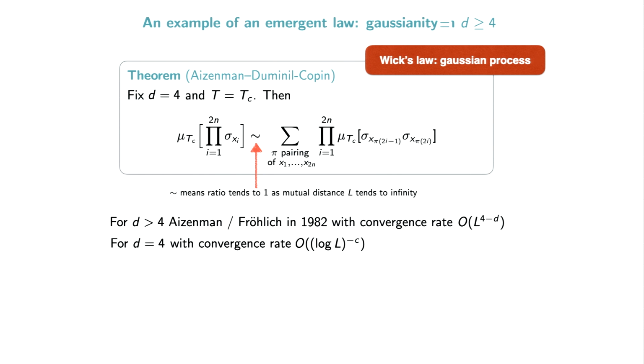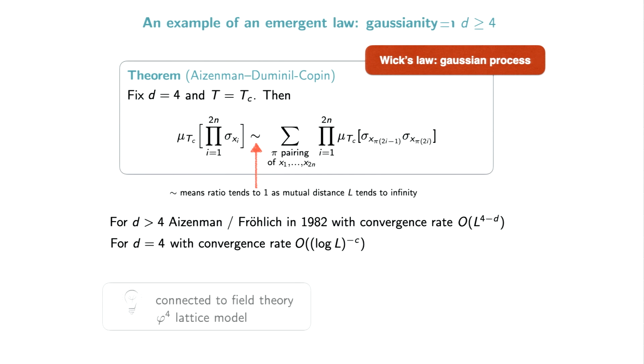In dimension 4, you get a logarithmic rate of decay. It's something a little bit more subtle, and it's due to the fact that this is a critical dimension. If you go to dimension 3, you will not get triviality. In fact, for any dimension smaller than 4, you will get non-trivial behavior. So it's really the critical dimension.